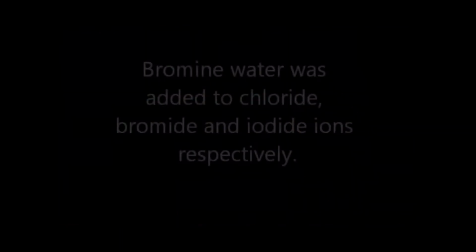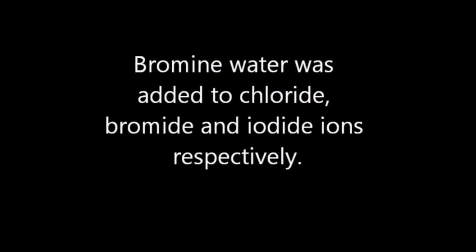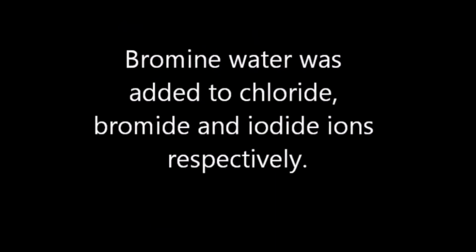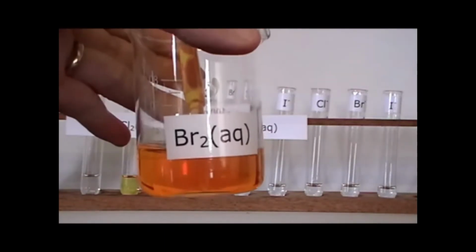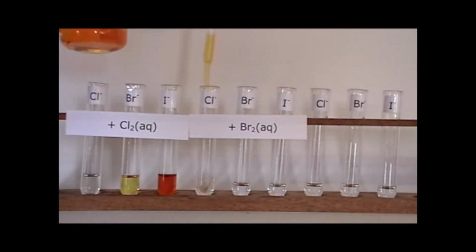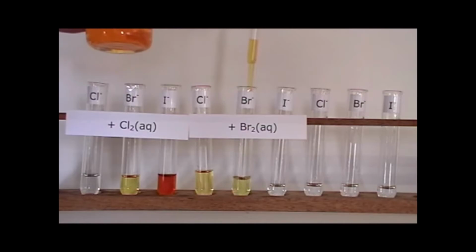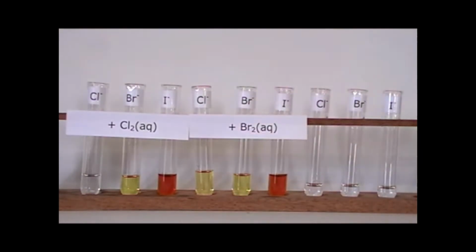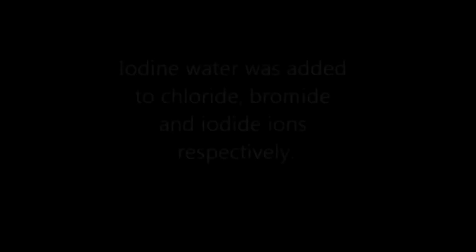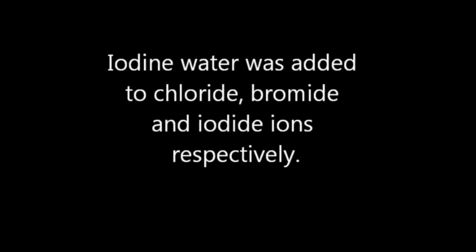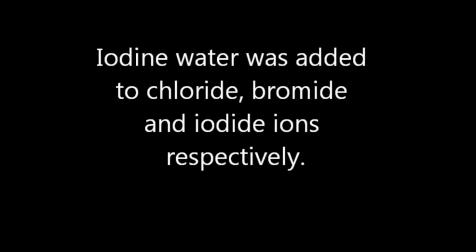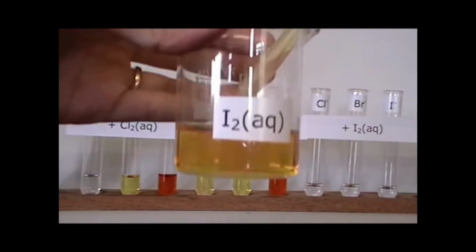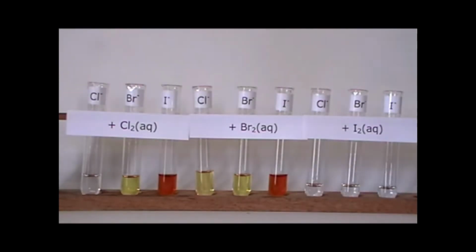Hopefully we can see there was a very noticeable colour change for some of those tubes. Same thing with our bromine water this time, into the chloride, the bromide and the iodide. And again, hopefully you can see a very clear colour change for one of those tubes anyway. And then finally the iodine water to our 3 tubes. Do note that it's already an orangey colour to start, so we've not seen change.